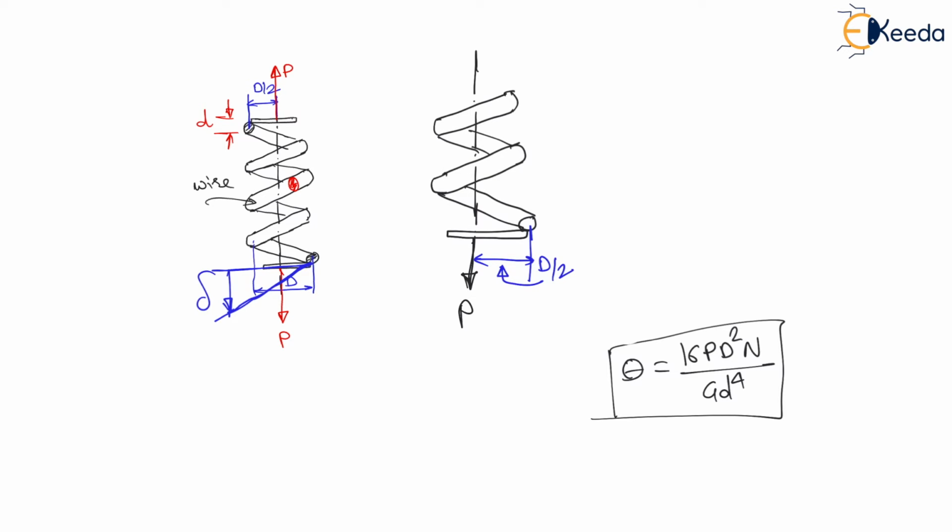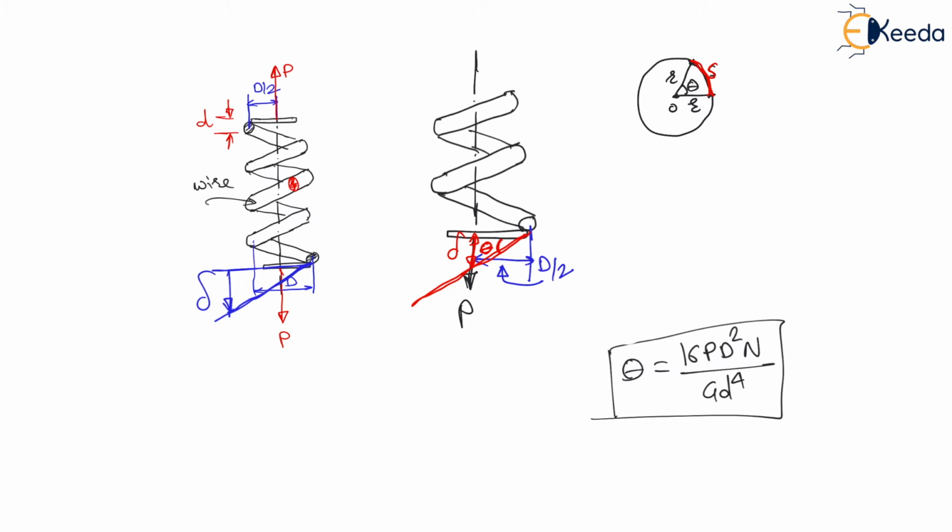My dear students, can I say because of this force P, the spring will get deflected in the downward direction, and the deflection will be like this. This is the angular deflection theta, and here this deflection is nothing but delta. And my dear students, it is a property of a circle that, let us say from this point O, there is a radius R and radius R. Between these two radii, the angle is theta, and the opposite side, let us say this is S, is the linear displacement S. Now for this angular displacement theta, what will be the linear displacement?